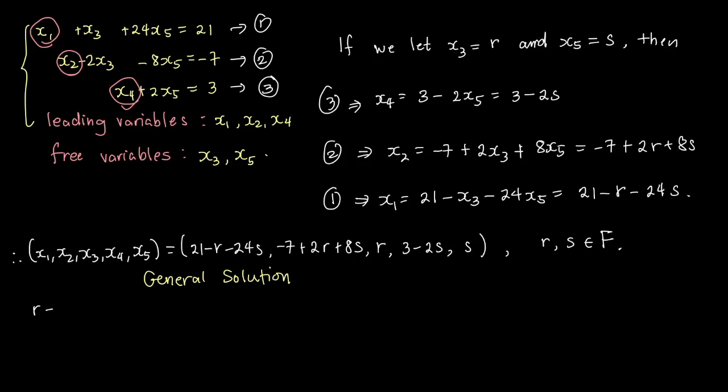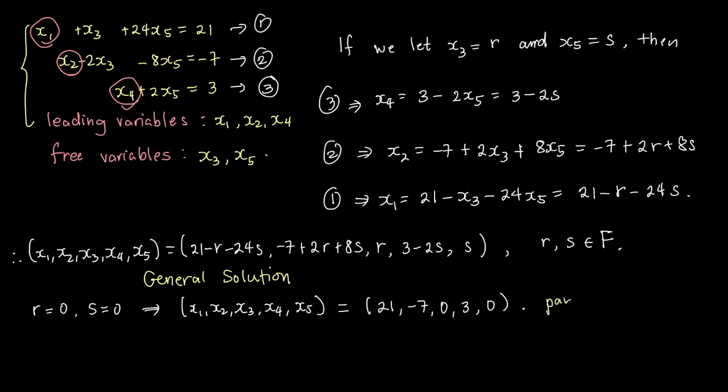if r is, let's say, 0 and s is 0, what does it say to the solution? It becomes 21, negative 7, 0, 3, and 0. So this is what we call a particular solution, because we give particular values for r and s.